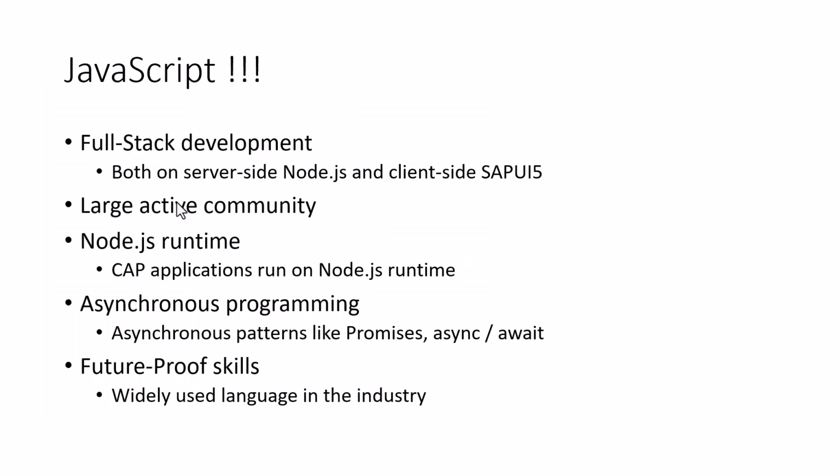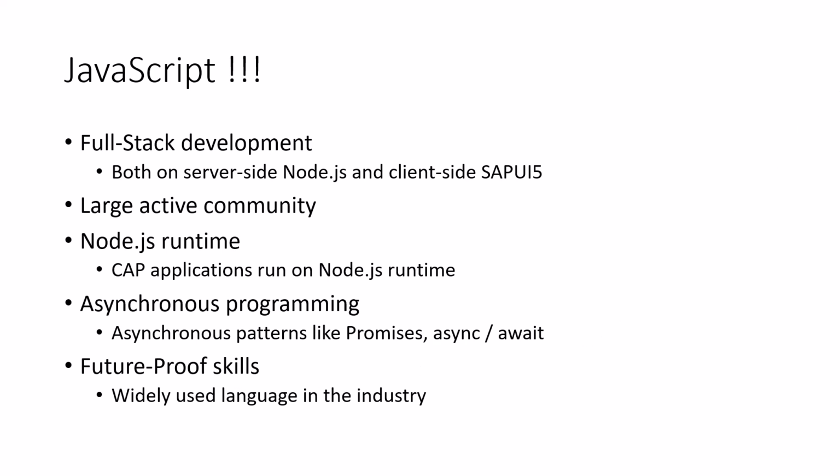And it has a very large active community, so a lot of innovations happen because there is a large community, and you have different programming patterns, the asynchronous programming patterns like promises and async await, and we will be looking at all of this in our application as well. And it is a future-proof skill widely used in the industry.